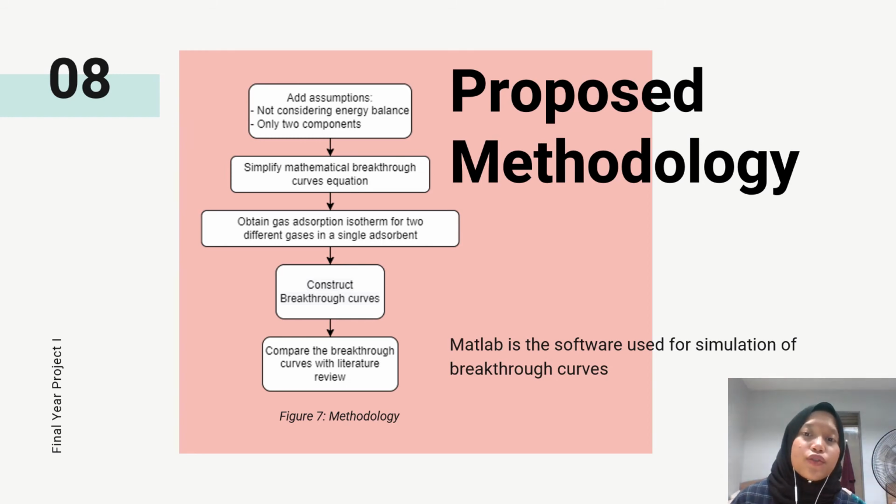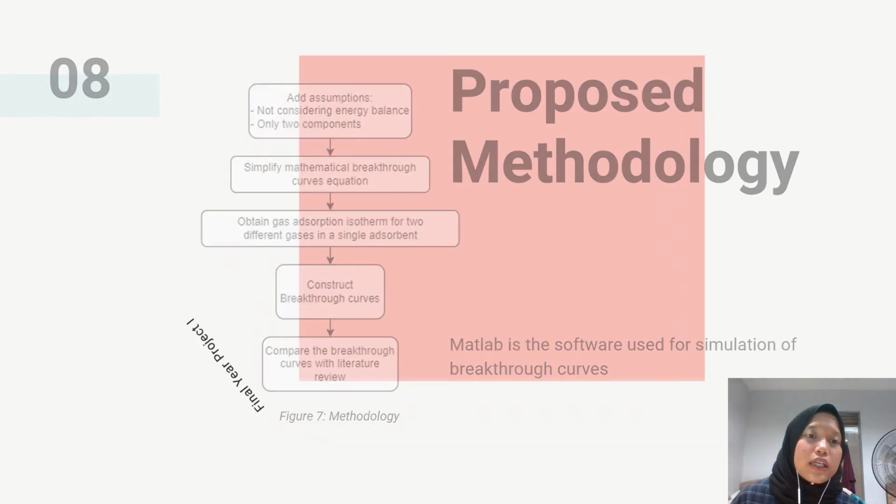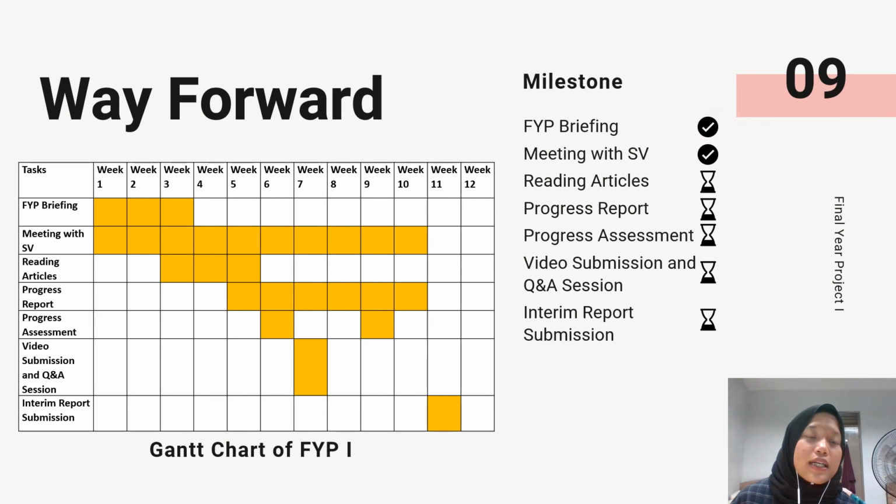Alright, so now this is the way forward for the FYP project. As you can see from the Gantt chart of FYP1, we have several activities to be done during the FYP1 semester, which are the FYP briefing, several meetings with the supervisor, reading articles, progress report, progress assessment, video submission and Q&A session, and also the interim report submission.